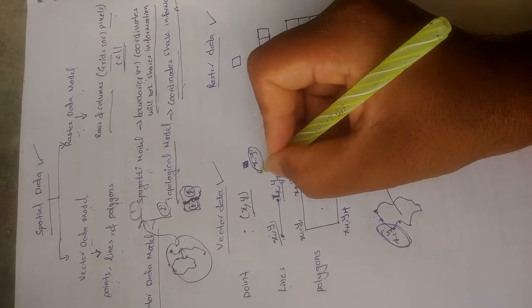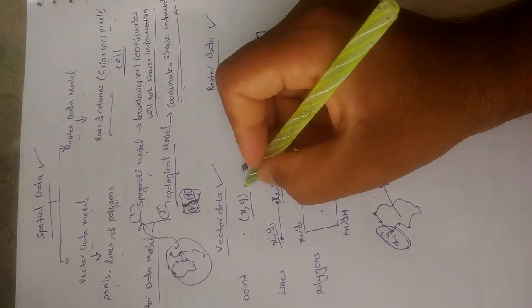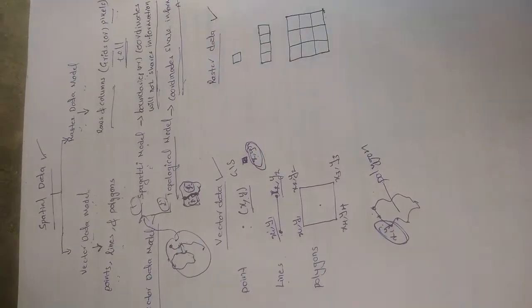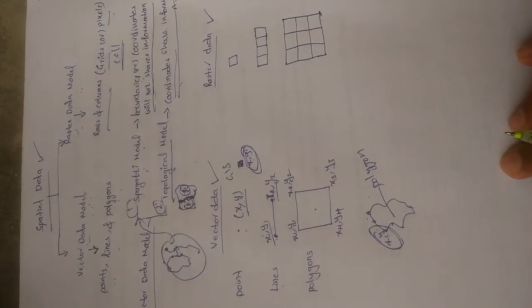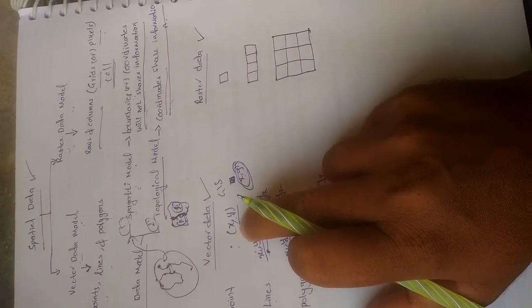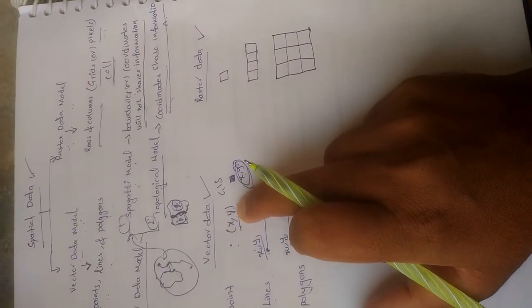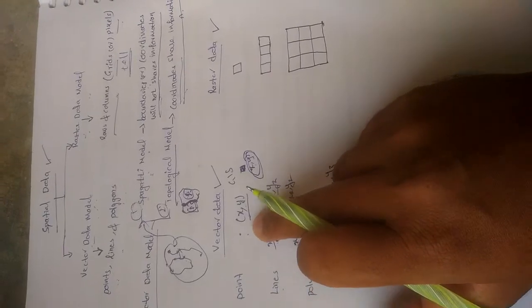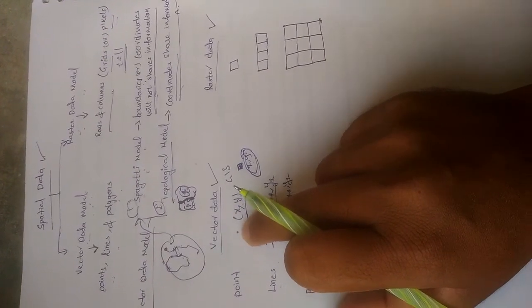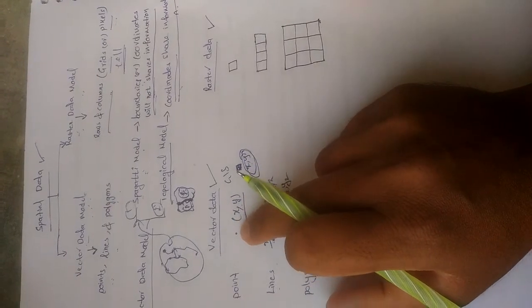Mathematically we call them coordinates; in GIS terminology, we call them longitude and latitude. So in a vector, the point is represented like x and y.